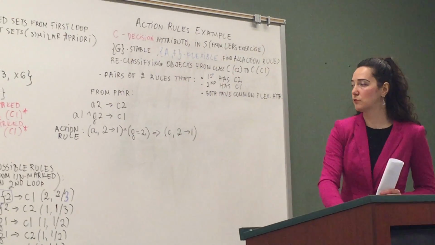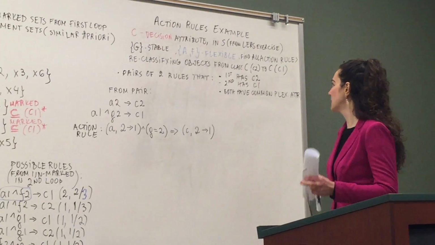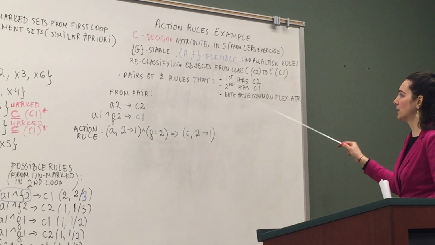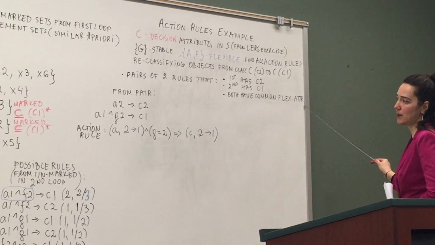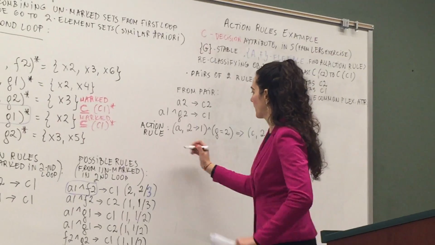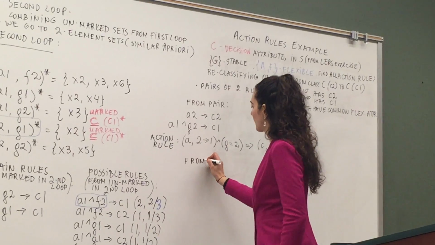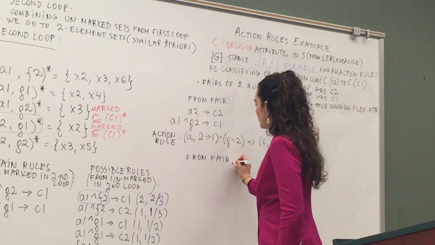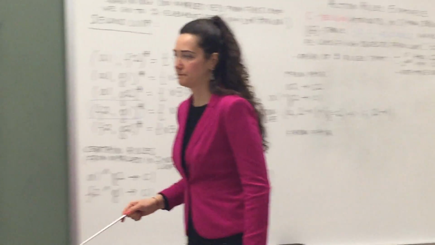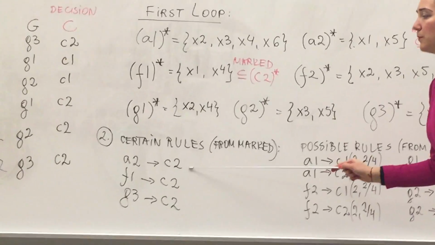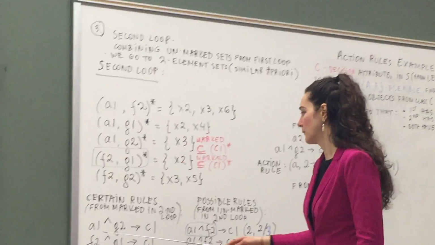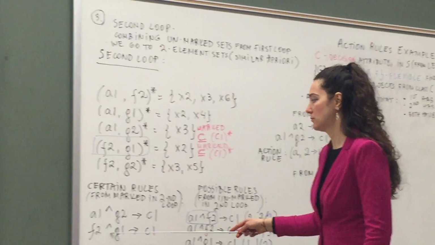Next, pairs of certain rules where the first one has C2, the next one has C1, and there is a common flexible attribute. Can we use A2 implies C2 with this rule?